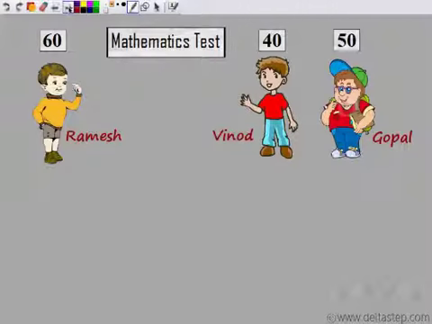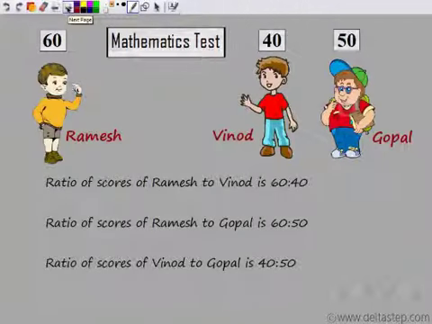The ratio of scores of Ramesh to Vinod is 60:40. The ratio of scores of Ramesh and Gopal would be 60:50. Similarly, I can compare the scores of Vinod and Gopal, which is 40:50.